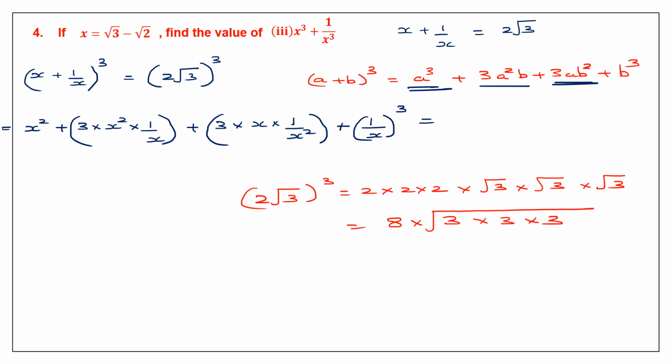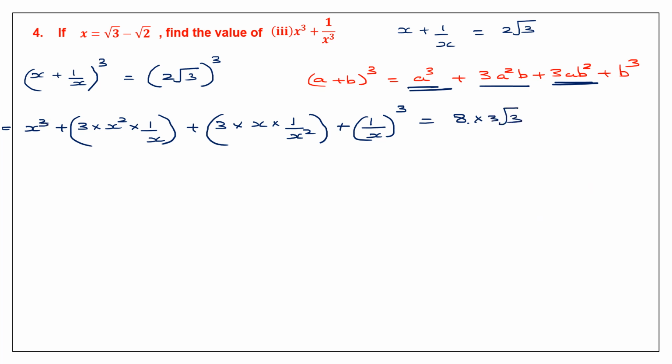Now since it's a square root, we can take out one pair. From that we can take out 1 3. So this becomes 8 into 3 root 3, because this 3 is left without a pair, so it remains inside the root. So we get 8 into 3 root 3. Let's write it here. 8 into 3 root 3. Now let's simplify this further.